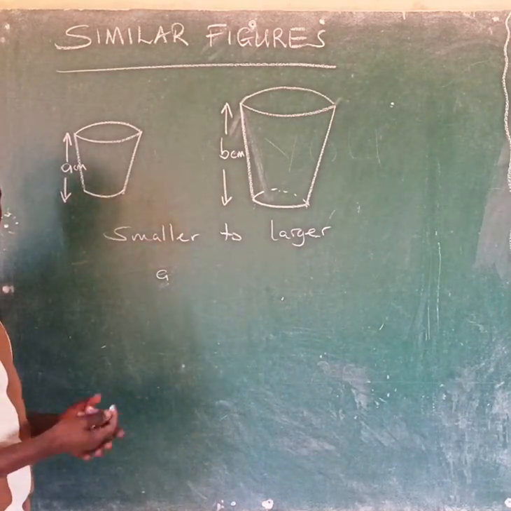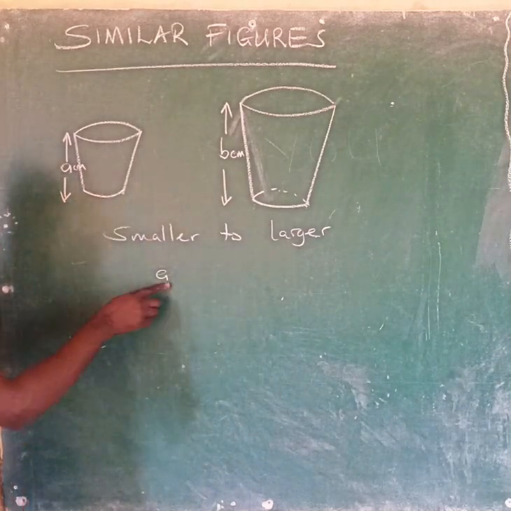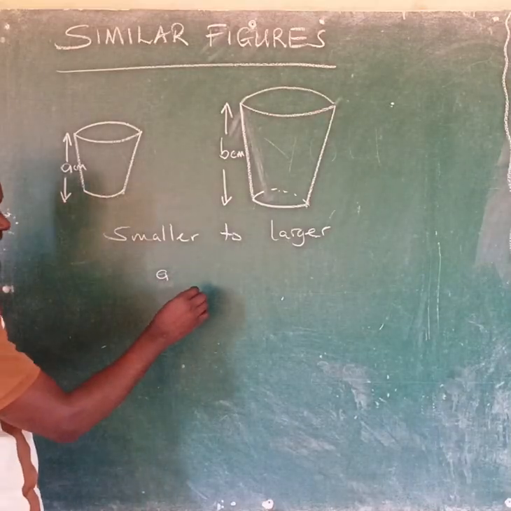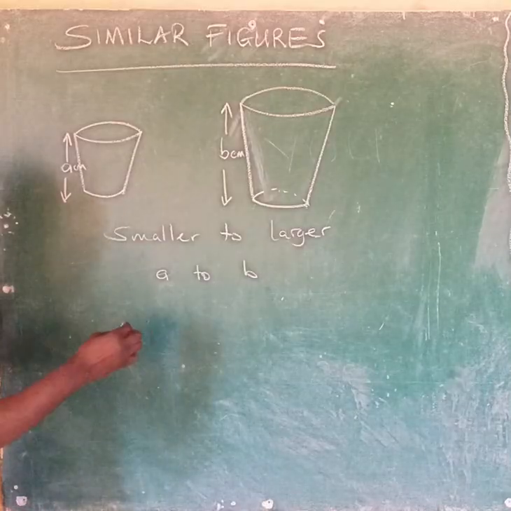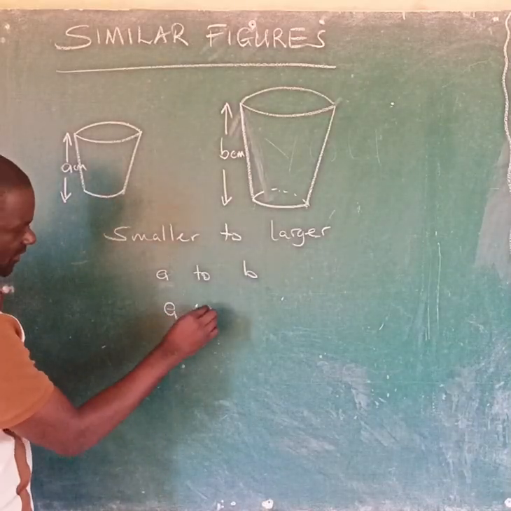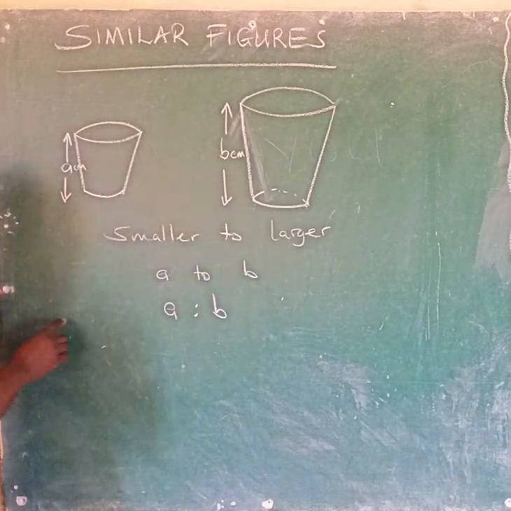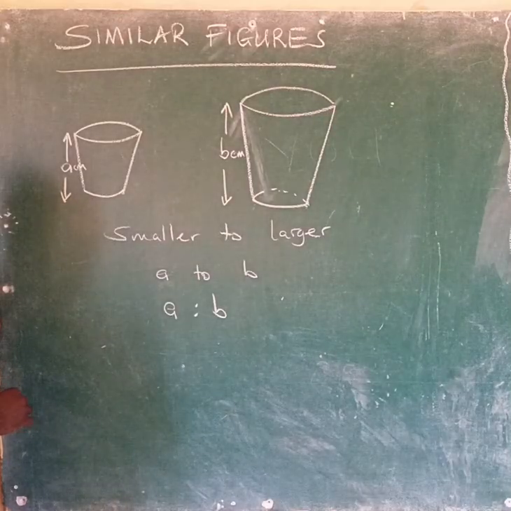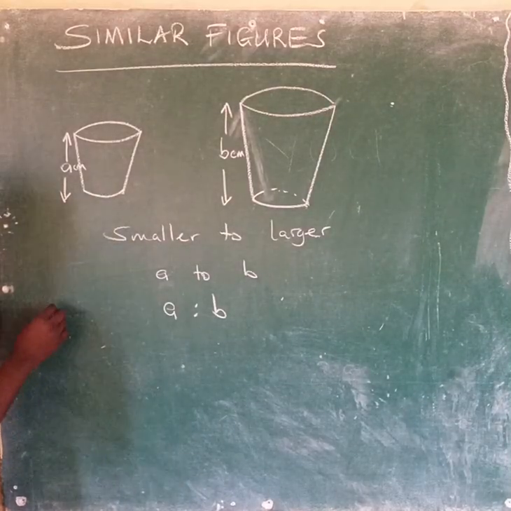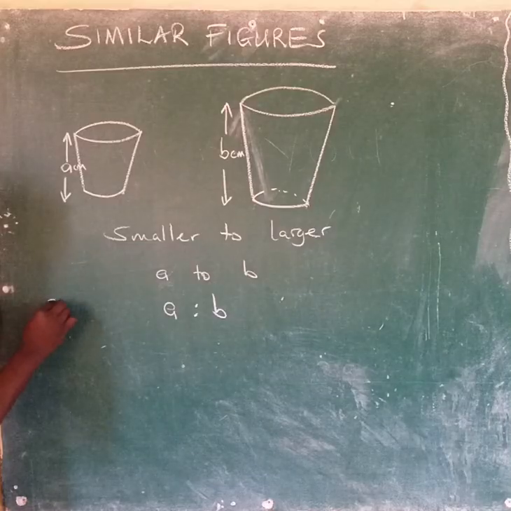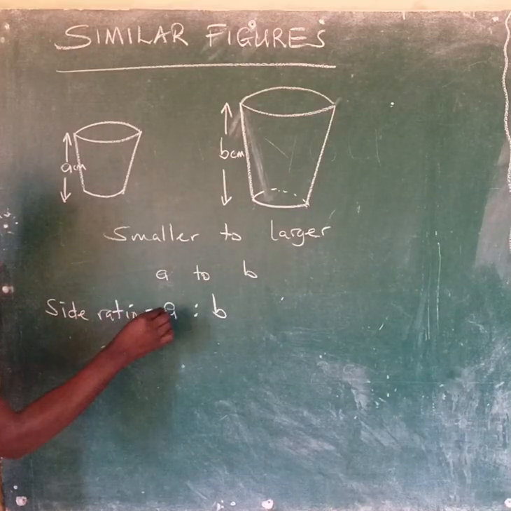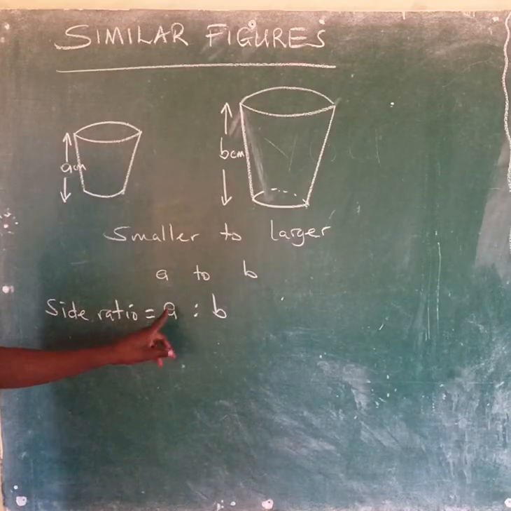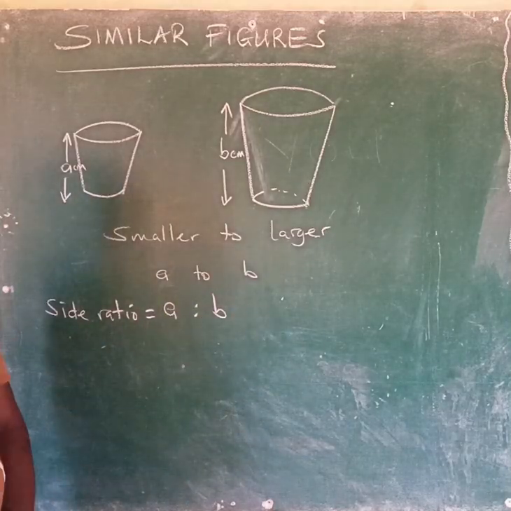For as long as those are lengths, they still serve the same purpose. So we can say A to B. Now, this one is simply the ratio of their sides. Let me say side ratios. So the ratio of their sides is simply A to B.